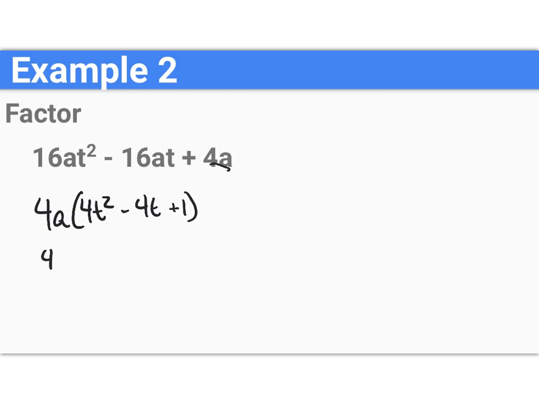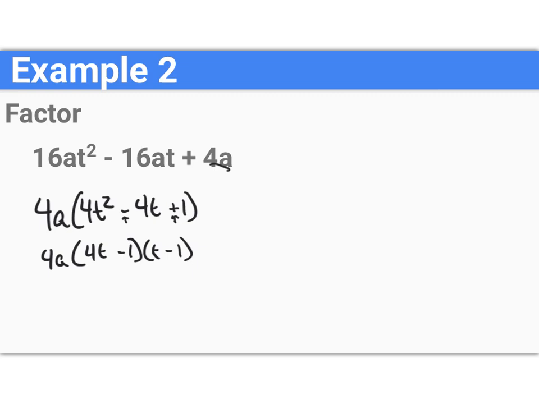So let's try 4t minus 1 and then t minus 1, because I have a negative here and a positive here.